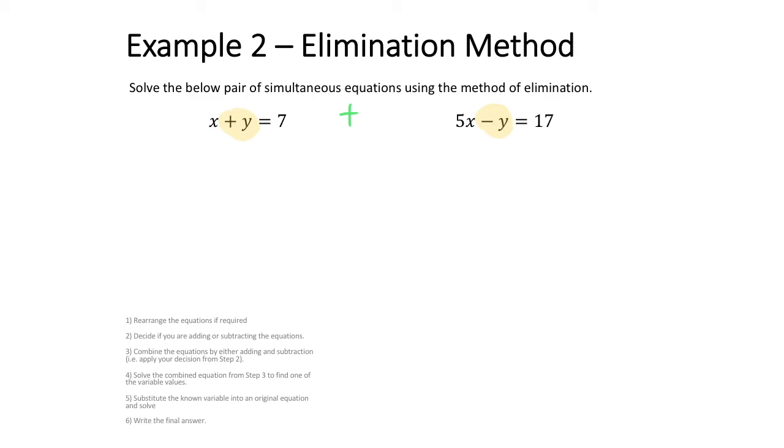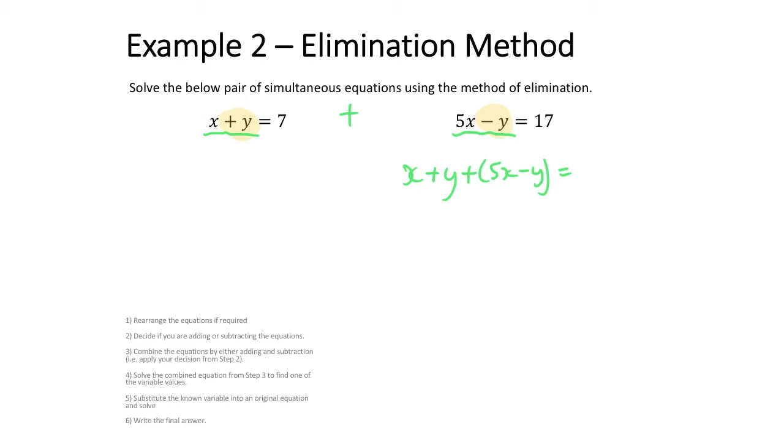My next step is going to be to combine my two equations by adding them together. So I'm going to start off with my first equation and looking at the left-hand side, I've got an x plus y. And then having a look at the left-hand side of my second equation, I've got a 5x minus y, which I'm going to combine by adding. So it's going to be plus, and then in brackets, 5x minus y.